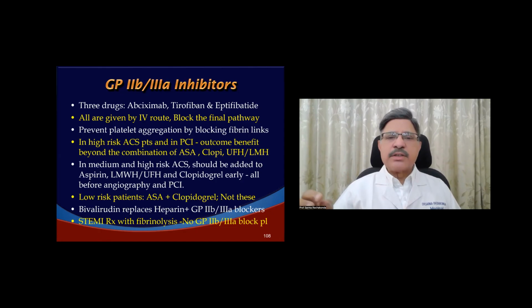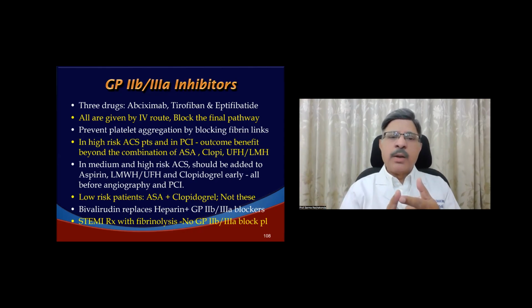In high-risk ACS patients and in patients with PCI, outcome benefit is beyond the combination of ASA, clopidogrel, and low molecular heparin. So how many drugs? ASA, clopidogrel, unfractionated heparin or low molecular heparin.